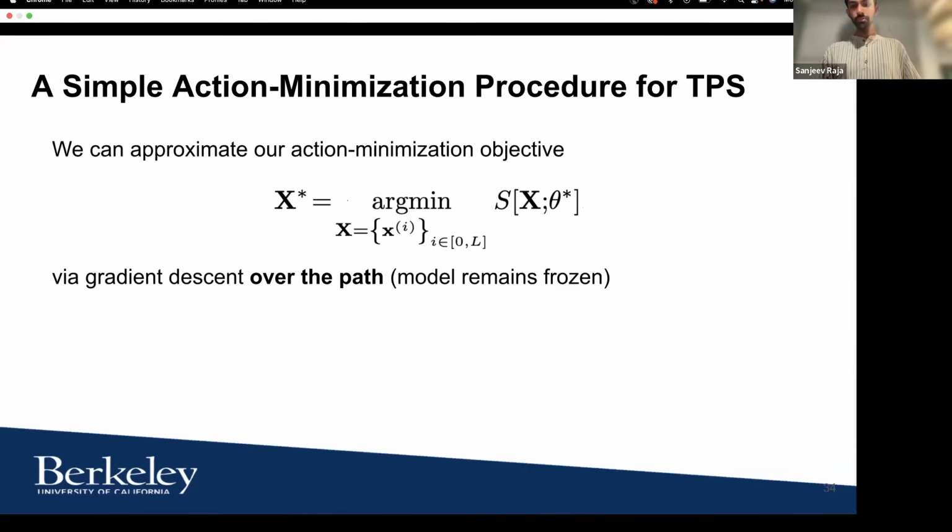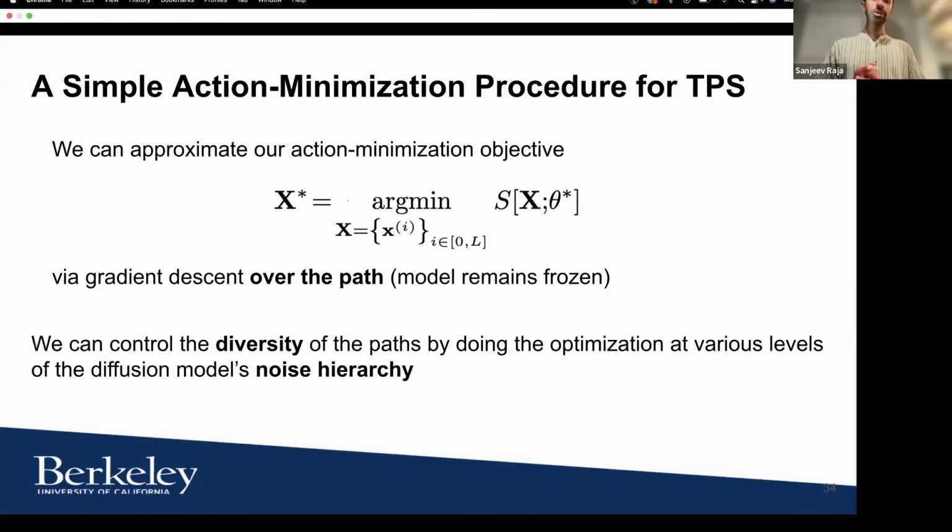Importantly, we keep the endpoints of the path fixed. We manually zero out the gradients of the endpoints, because this is transition path sampling, and then do gradient descent over the whole path while keeping the model frozen the entire time. That's the key.